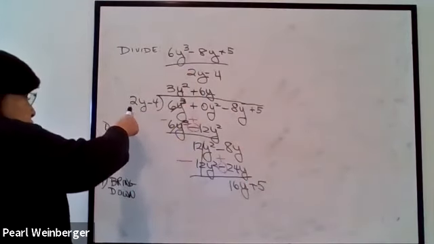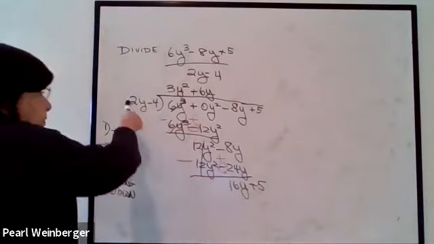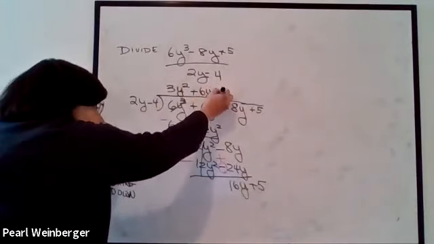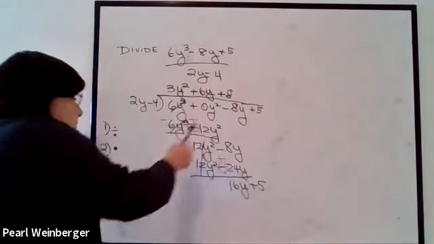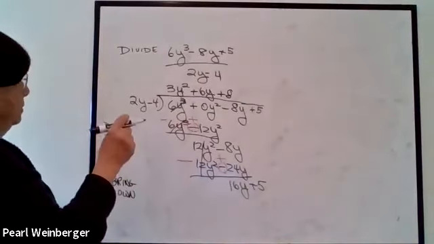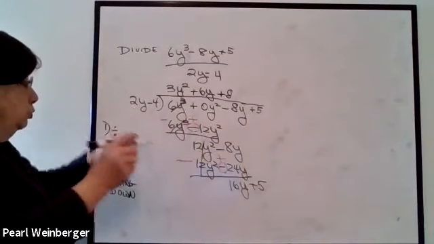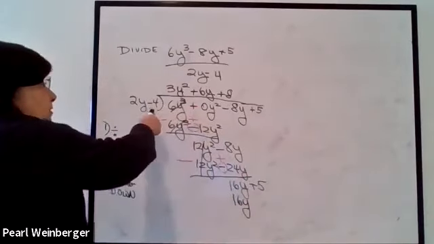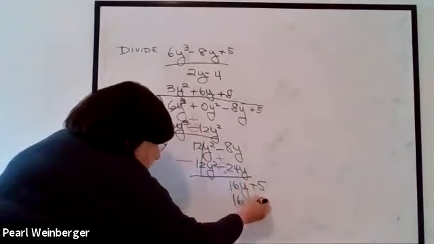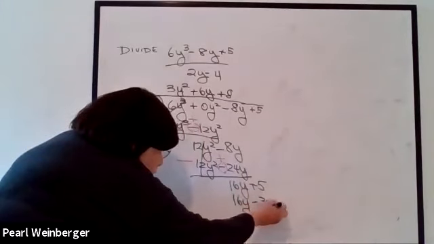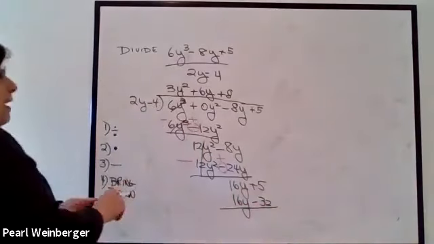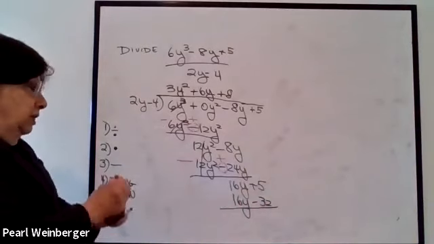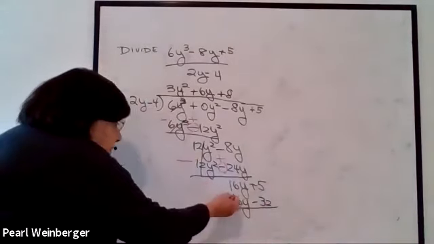And again, 2y into 16y, well, the 2 into the 16 gives me 8, and the y's cancel out. So I have to take the 8 and multiply by 2y, which will give me 16y. And the 8 times the negative 4 will give me negative 32. And again, I'm going to change the signs. This is going to become a negative.